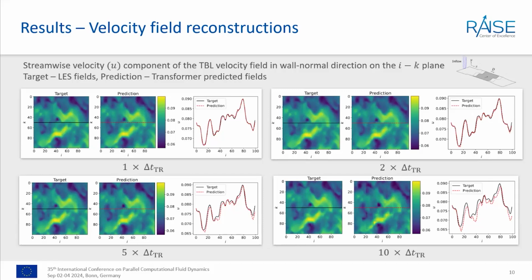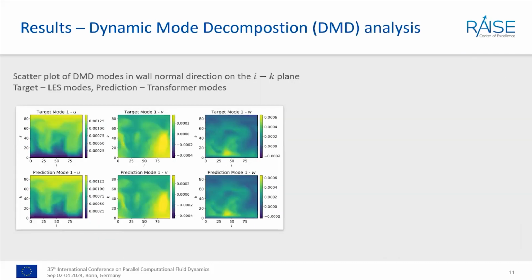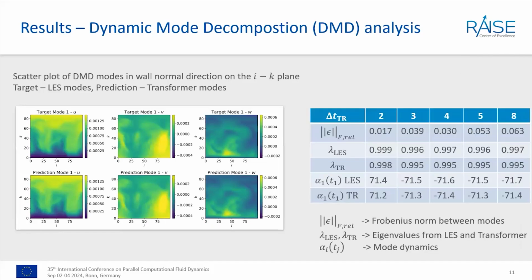Here you already see quite some discrepancy, while for lower values of delta TR, we are still at a relatively good agreement. We also looked into the statistics. We used the dynamic mode decomposition method to look into the reconstructed modes from the LES field and the ones reconstructed by the transformer model. And we see here also good agreement qualitatively and in terms of quantitative quantities.